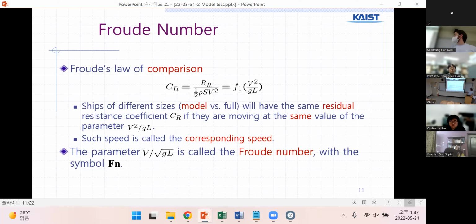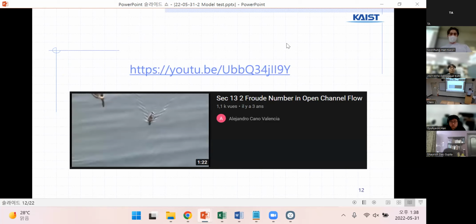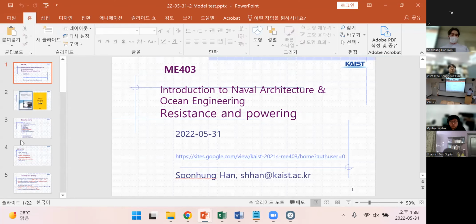V is the speed of the model or of the ship, g is the constant of gravity acceleration, and L is the body size. Such speed is called the corresponding speed. So the Froude number is this parameter. It is the square root of this one. Here we have a short video to explain this number.